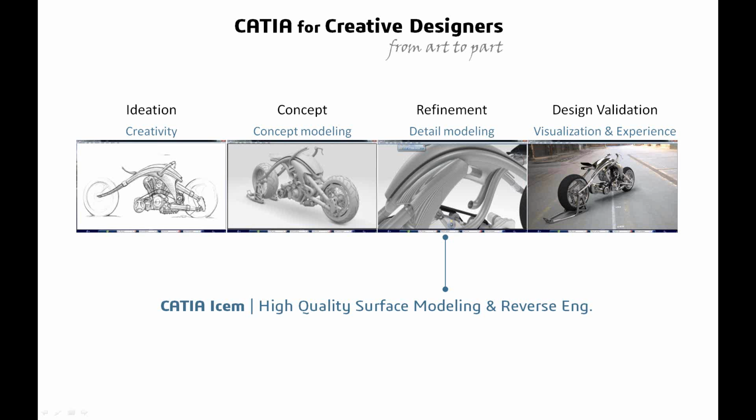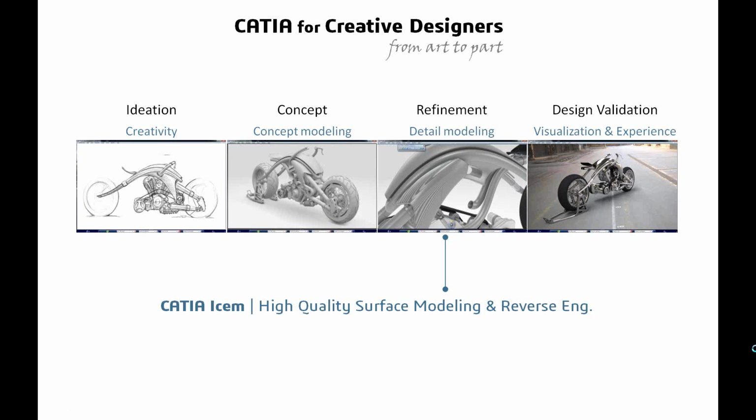And then when he starts to converge to one or two projects, then he can go to another stage of surface refinement with more advanced surface tools to converge the styling constraints with the engineering constraints. Engineering can be legal, manufacturing, engineering, and technical constraints. So for that, we have integrated a technology coming from Icem technology called CATIA Icem to have very high quality, let's say class A surface quality within your creative workflow.